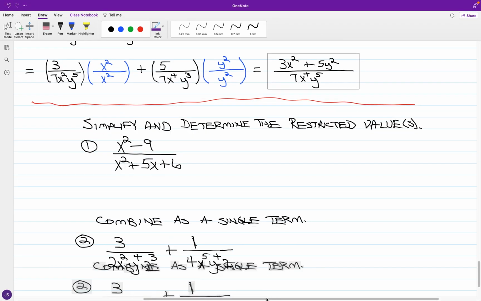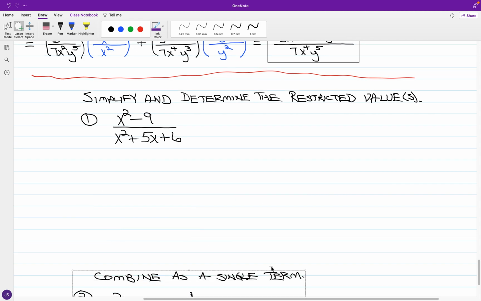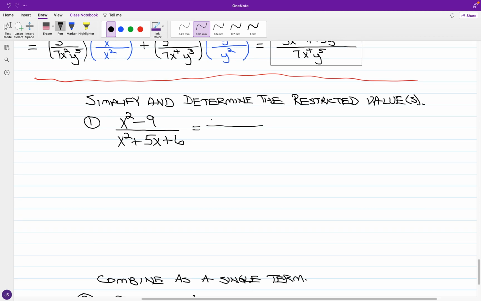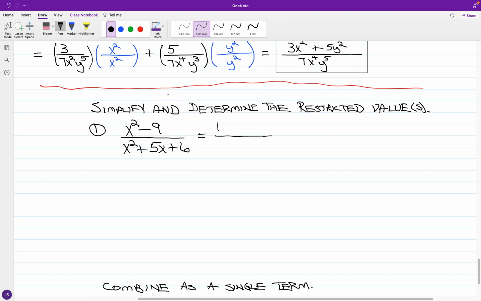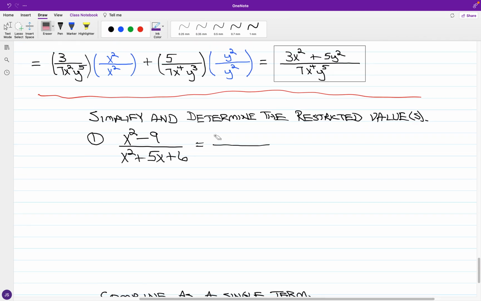And if we look at simplifying this ratio, with x squared minus 9, then we have the difference of squares. So this will factor to x plus 3 and x minus 3.